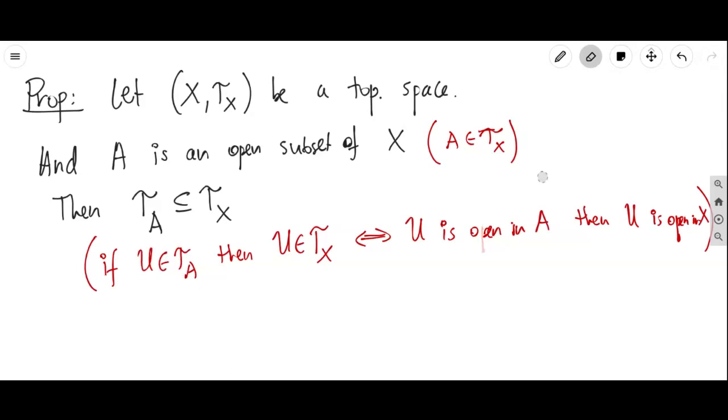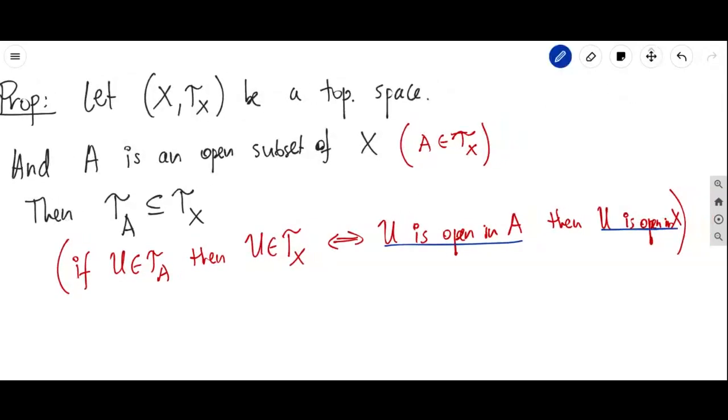Instead of writing this, we just say U is open in A. And instead of writing that, we rather just say U is open in X. It's an open subset of X. So this might look complicated, but in simpler language you're saying that an open subset of A is an open subset of X.